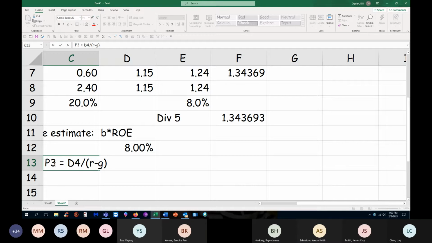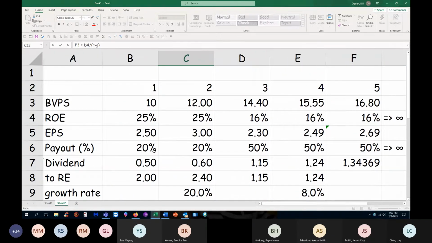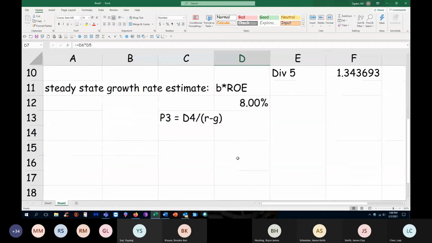Okay. So by being a shareholder today, you're entitled to D1, D2, D3, and all those other dividends out to infinity, but we can capture the value of dividends 4, 5, 6, 7 out to infinity as P3. Okay, so you're entitled to D1, D2, D3 plus P3, right?